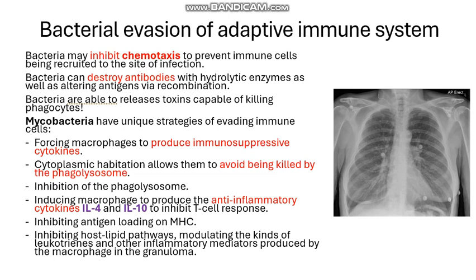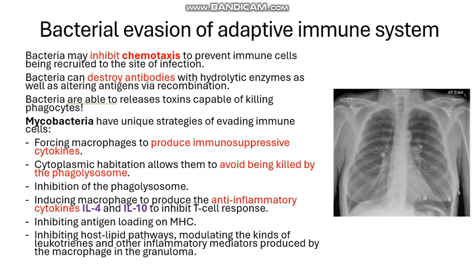Mycobacteria, like we talked about a moment ago, have unique strategies of invading immune cells. For instance, they force macrophages to produce immunosuppressive cytokines. They dwell within the macrophage itself, so they avoid being killed by the phagolysosome of the macrophage.